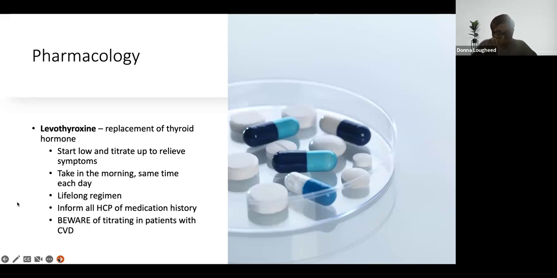In patients with a history of cardiovascular disease, the increases in dosage of levothyroxine are made very cautiously. Subtle increases in cardiac rate and contractility, secondary to a medication, may lead to angina or congestive heart failure.